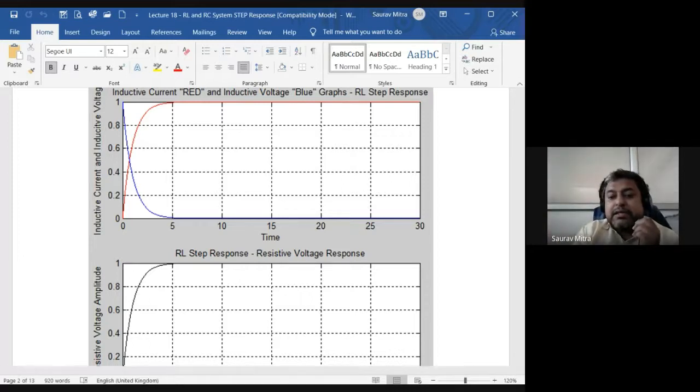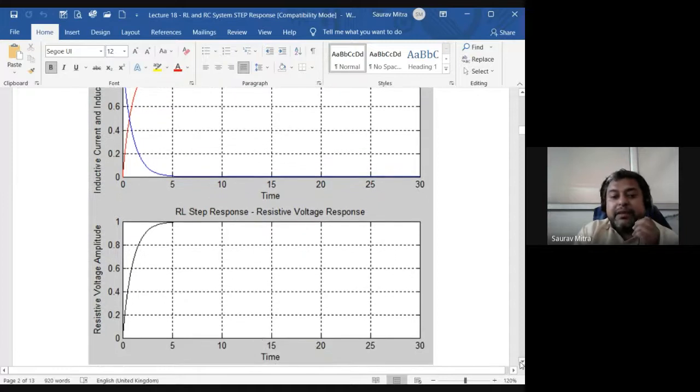Below it is called VRL, because VRL is equal to R into IL. R is a constant, so you just multiply IL with R and you get VRL. This graph and the red graph, they are exactly identical looking. And 0 to 5 is again transient, and 5 onwards it is steady state.